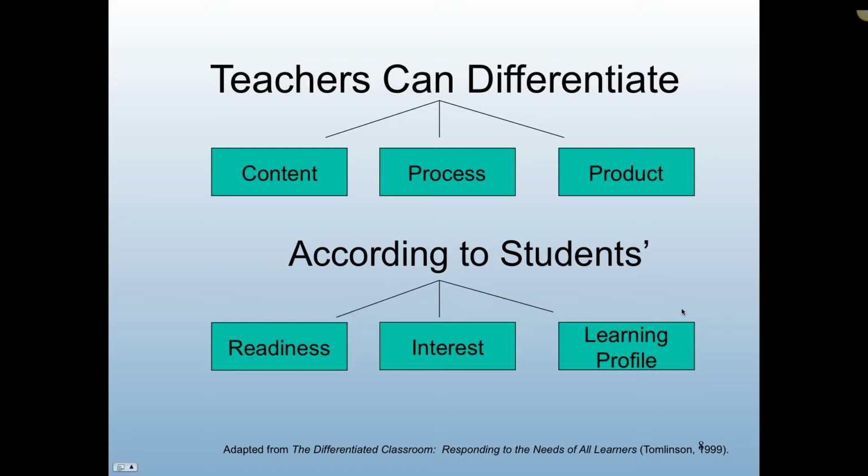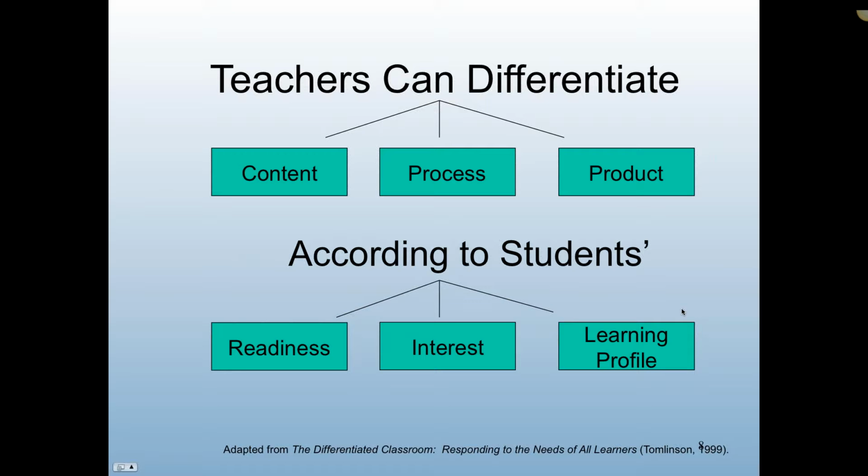So anyway, we can differentiate content, process, and product. And we're going to take into consideration what Melanie is saying because she's so right. But we also have to look at, is the student ready? Does the student have any interest? We know there are certain things students have to learn whether they're interested or not. That's not what we're saying. But some students will be much more interested if we give them an option of learning this in a different way or showing that they know this in a different way.